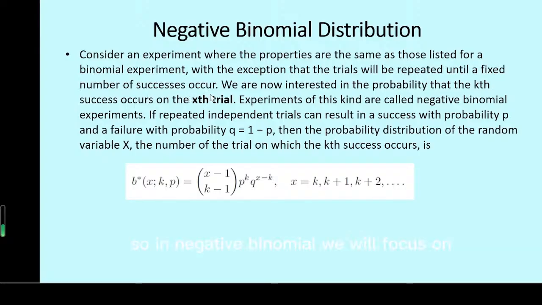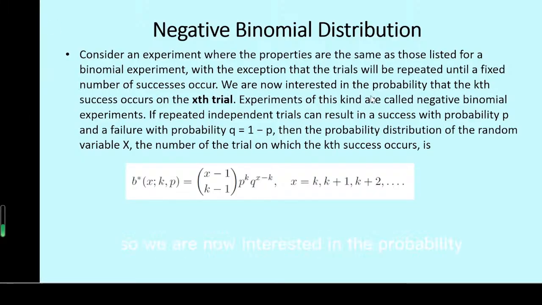So in the negative binomial, we focus on a fixed number of successes. For example, what is the probability of the 10th success if we selected 100 times, right? This is what we call the fixed number of successes.